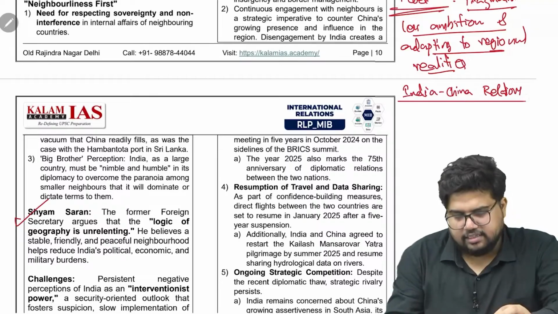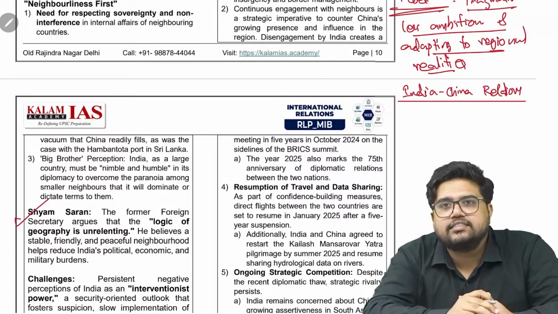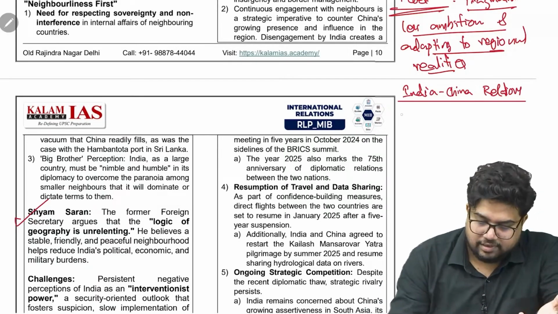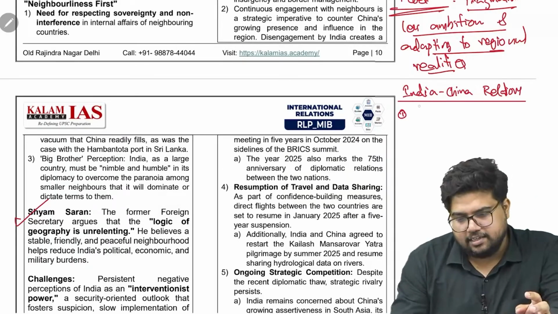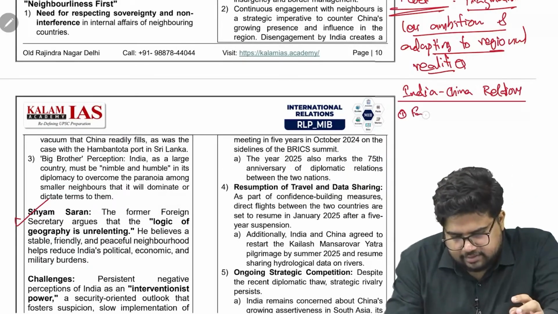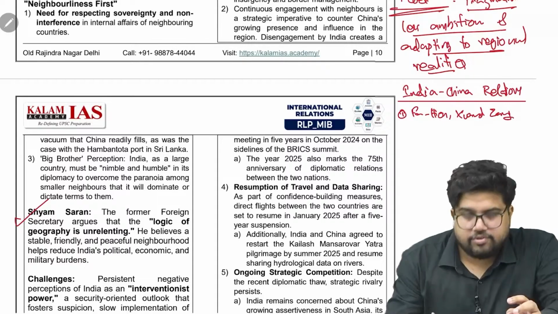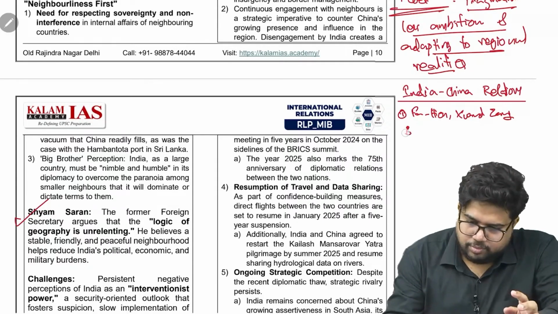What is the earliest thing you can connect with India-China relations? Exactly, the Buddhist travelers. From China to India, we have Fa-Hien, we have Xuanzang. From India to China, you can write about Bodhidharma.